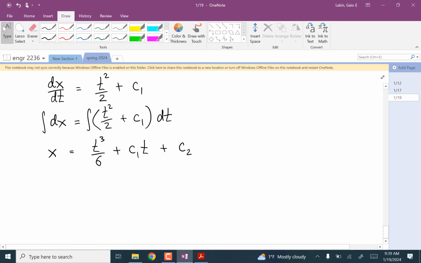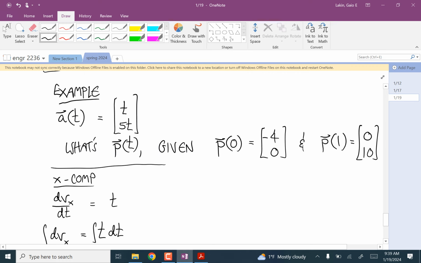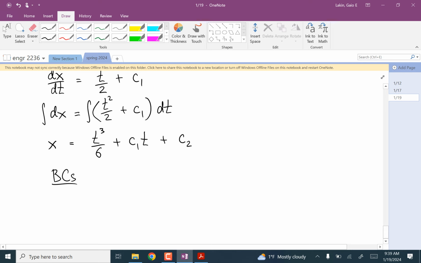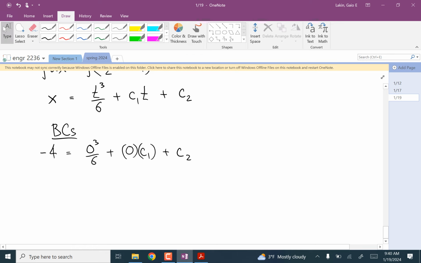Now we have to use the boundary conditions. The first one says when time is equal to 0, x is equal to -4. So -4 is equal to 0 cubed over 6 plus 0 times c1 plus c2.